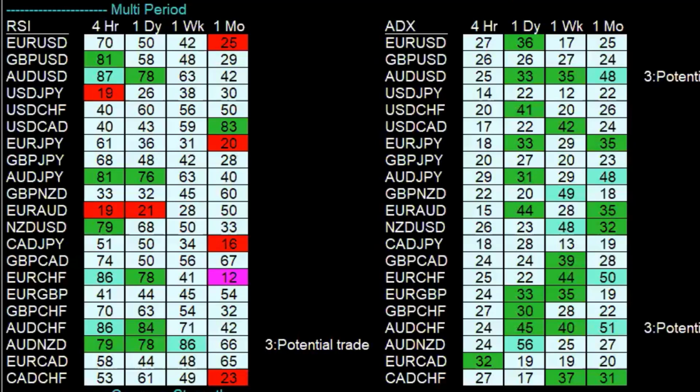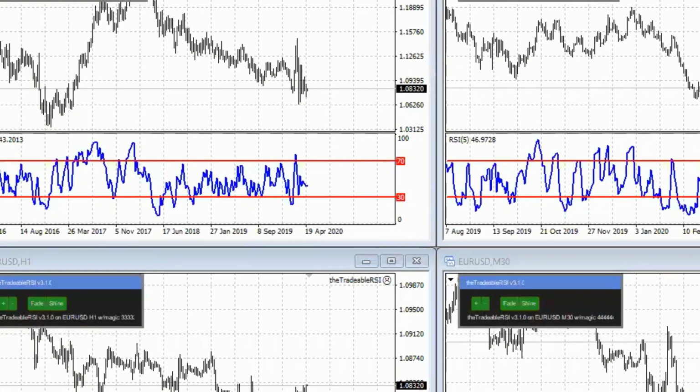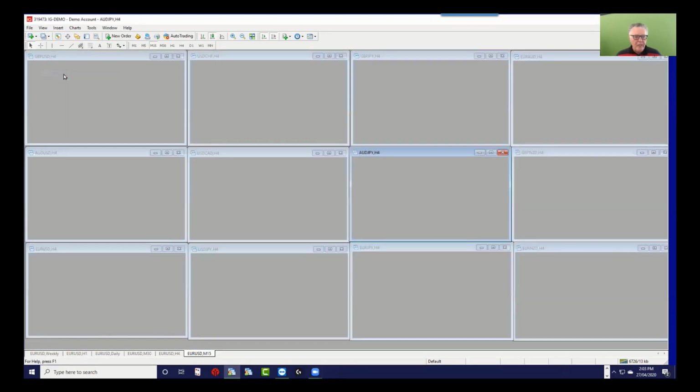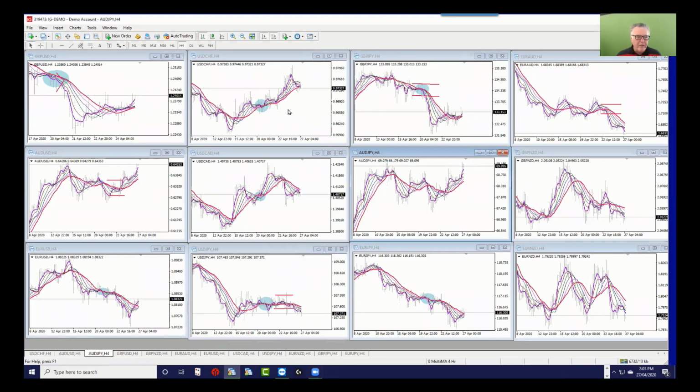Okay, so let's have a quick look at the charts, and I'm going to start with the multiple moving averages on a 4-hour basis. That's most probably the way to go. These charts remind me of the crocodile mouth. You can see that looks like a crocodile mouth. Now, there's a few of these charts that have got that crocodile mouth look about them.